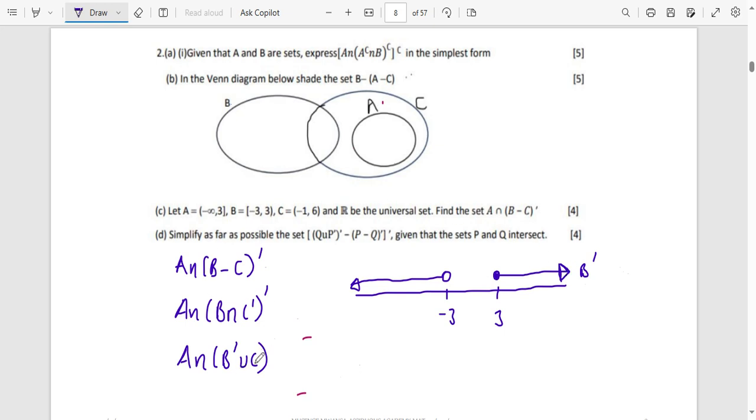And then I'm going to write the set C. The set C is from -1 up to 6. -1 will be somewhere here, 6 somewhere here, and we are not including -1 and we are also not including 6. So we want to find the union of these two sets. If you remember, last time we said union just means combine.